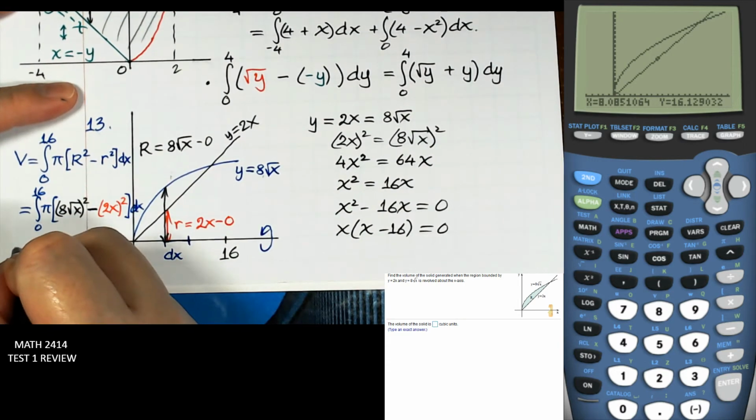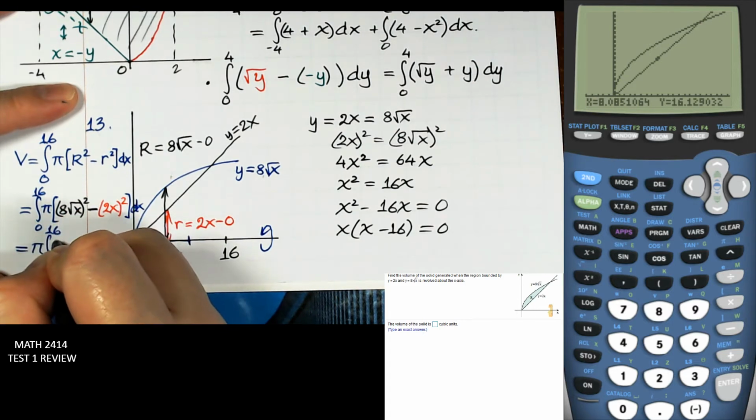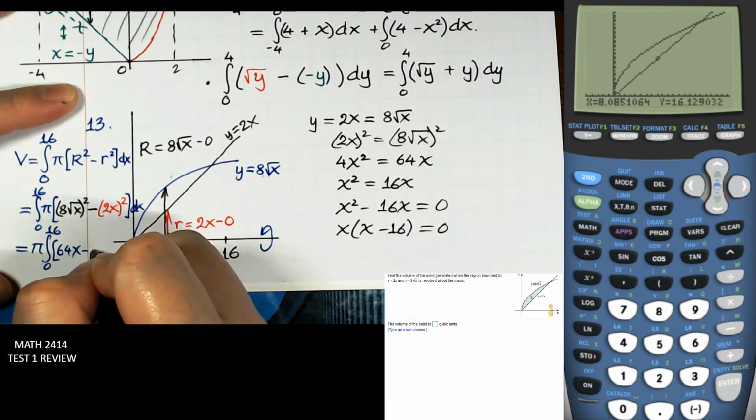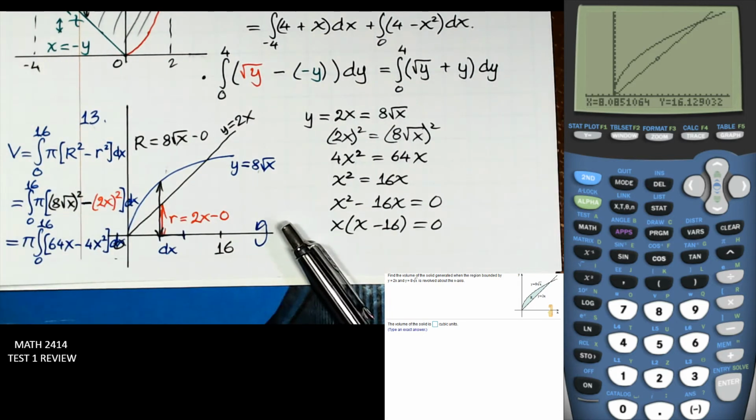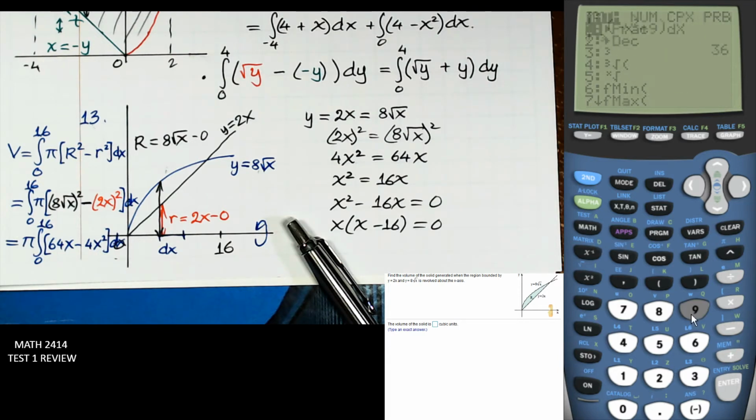Right. I will take out the pi, 0 to 16, and that gives us 64x minus 4x squared dx. Right. I'm going to use the calculator. Math number 9. I will leave out the pi.